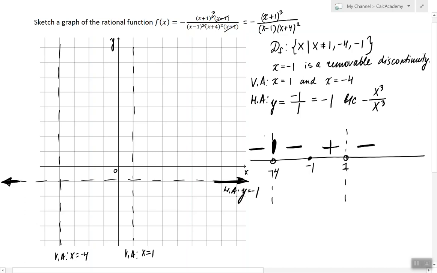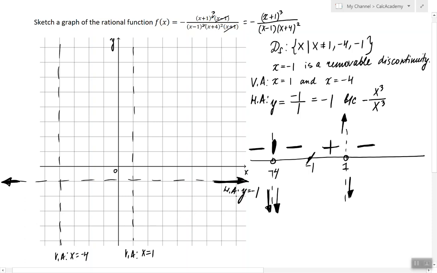Now, wherever we have an asymptote, what does it mean to be negative on the right side? That means the function goes to negative infinity. Being positive on the left side means the function goes up to infinity. Now, at -1, there is no asymptote, so it goes from positive to negative, like this. And at -4, we have an asymptote and both negative, so the graph looks like this.